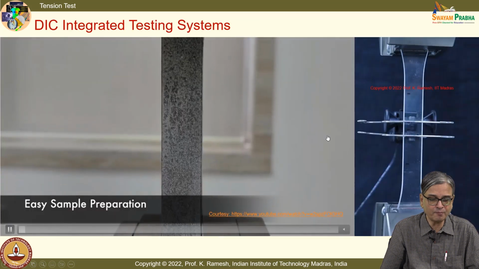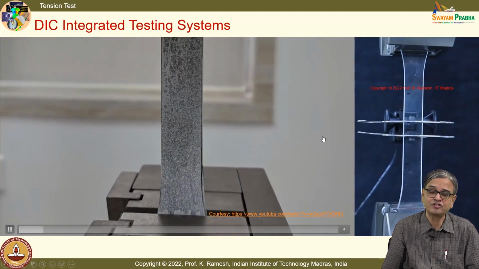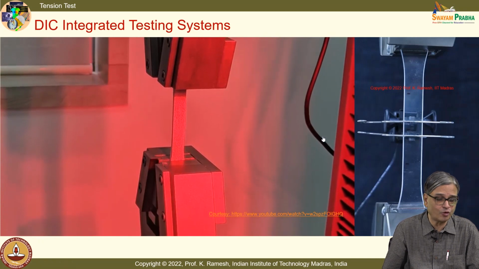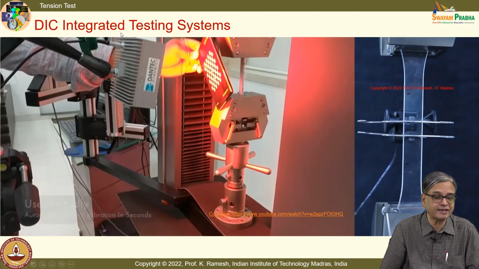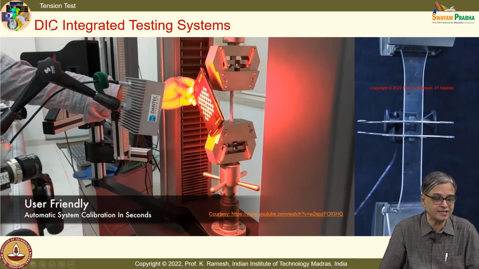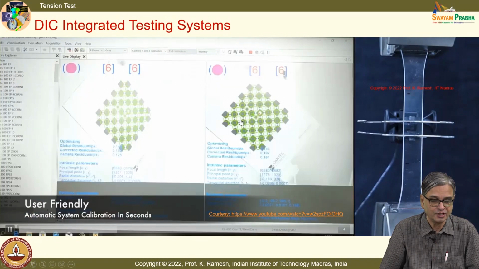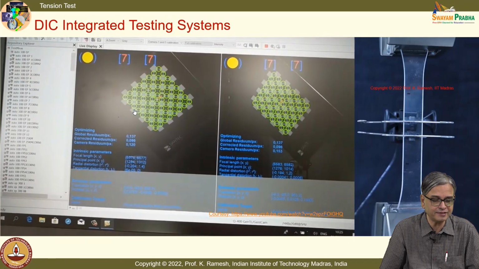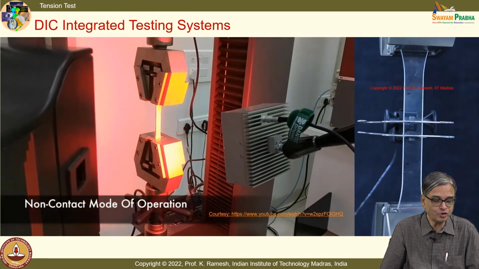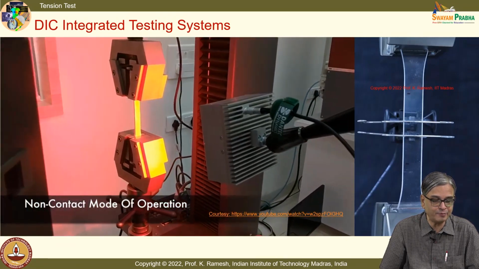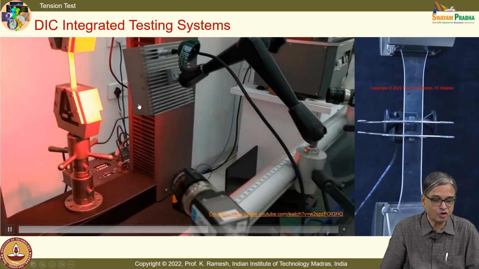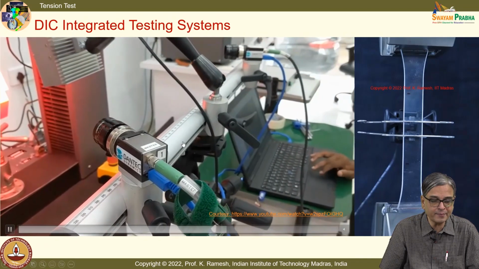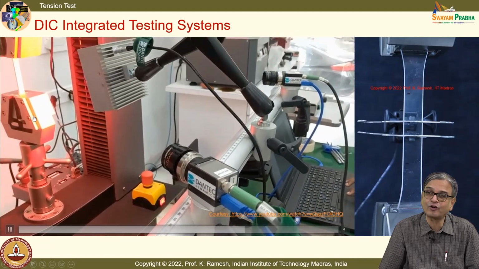And if you look at modern instrumentation, it comes with what is known as an integrated DIC system; the expansion is digital image correlation. So, you have a calibration of the measurement system here, and I would like you to notice the specimen is loaded and illuminated by monochromatic light, and you have two cameras that simultaneously record.